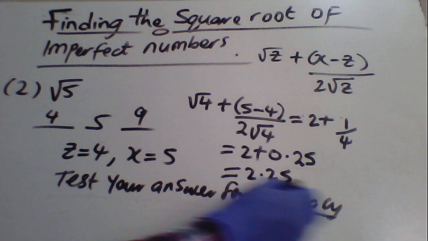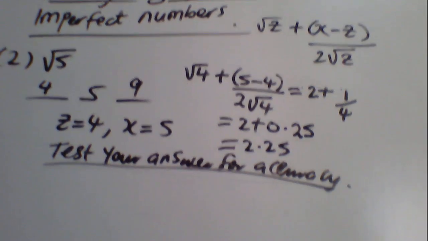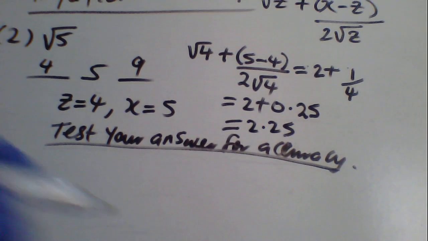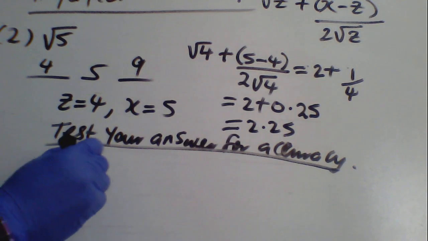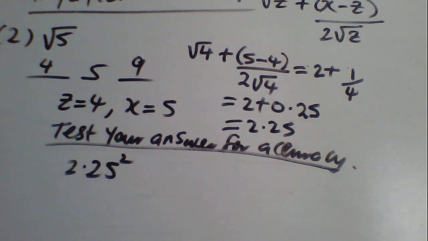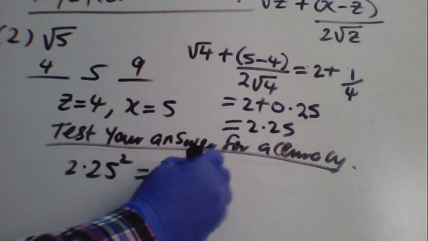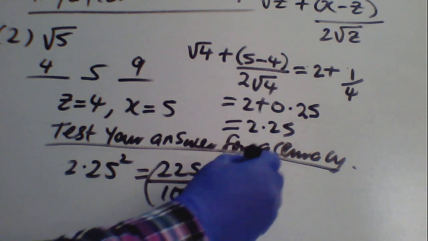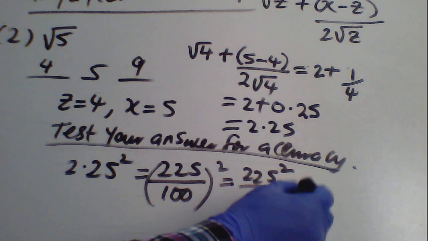If you want to get a near accurate answer, you have to first test your answer for accuracy and do a decimal digit adjustment. So to test it, we have to square our answer. This is the same as 225 divided by 100 all squared, and this will give us 225 squared divided by 10,000.